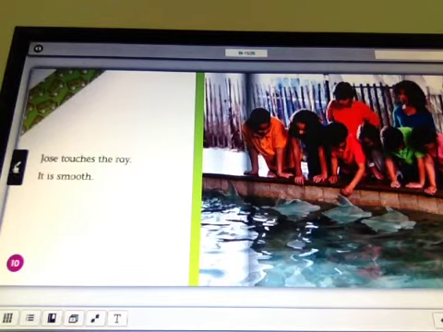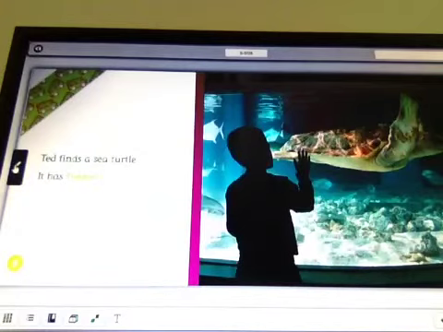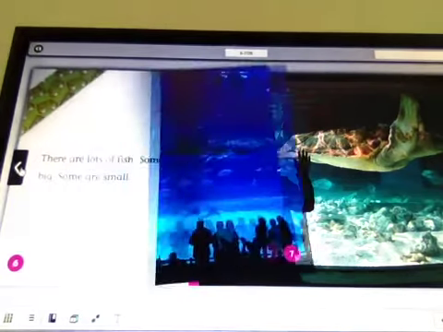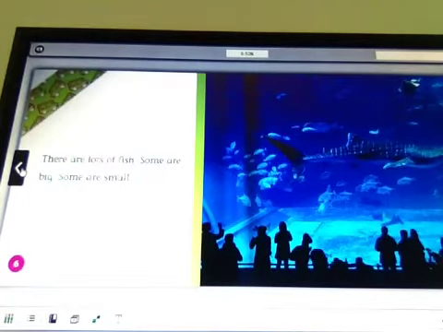We learned that it was smooth. We can see that a sea turtle is large. We learned what a flipper looks like. We can see that some fish are small, some fish are very big. These illustrations are really helping us learn.